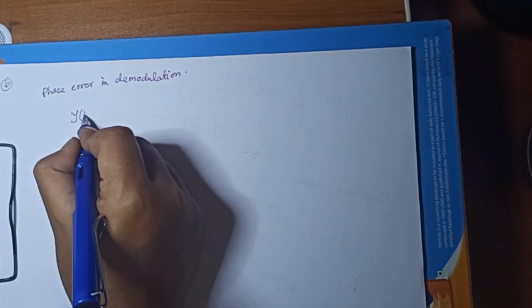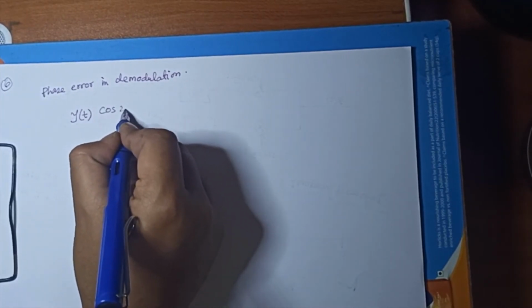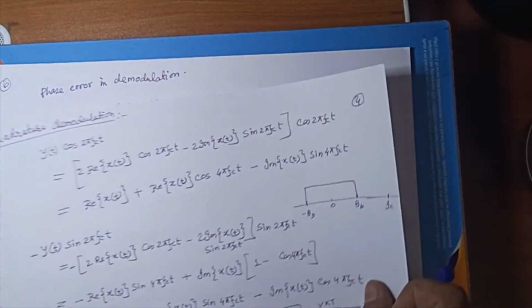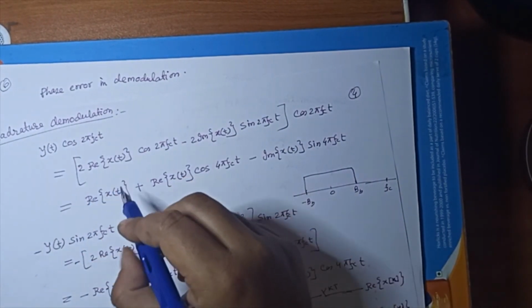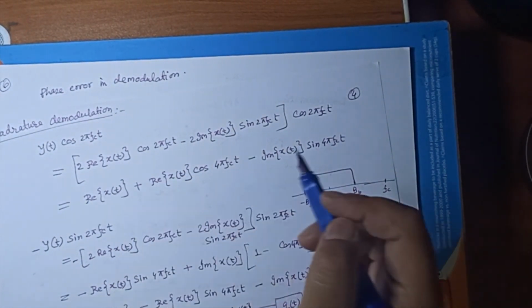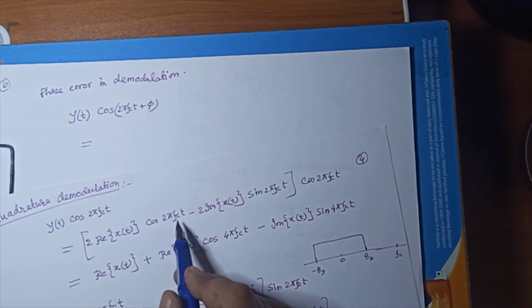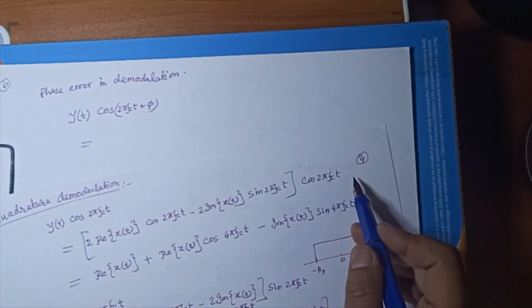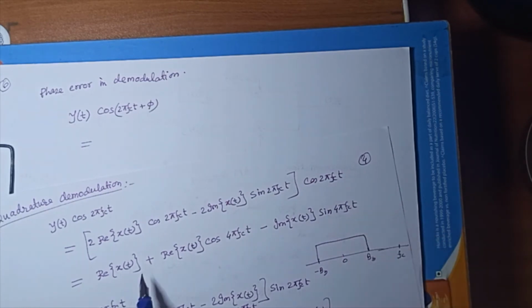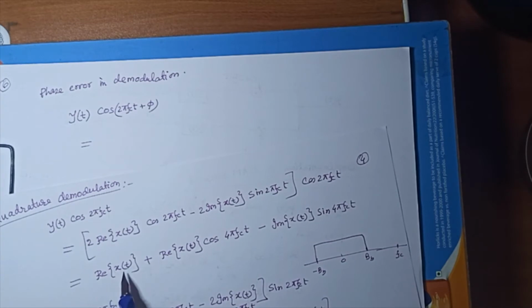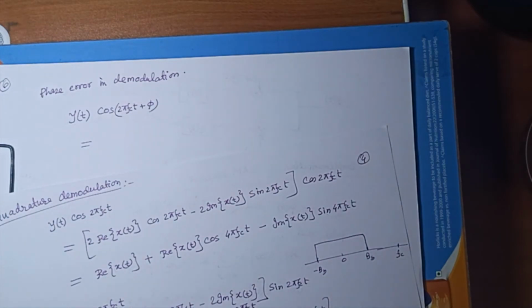So y(t), suppose this is cos(2 pi fct plus phi). What will I get? I am writing only the baseband. So with cos(2 pi fct plus phi), you will have a cos phi left over, which inside becomes e to the power j phi.